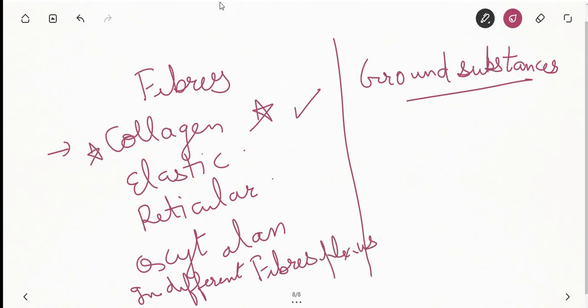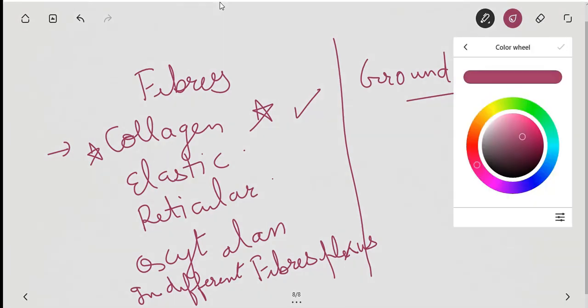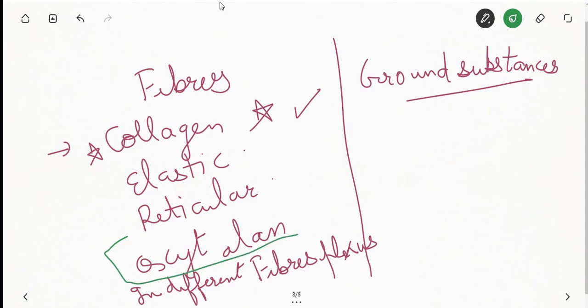So you have to remember for your exam that these oxytalan fibers, where are they present? They are present in the periodontal ligament.